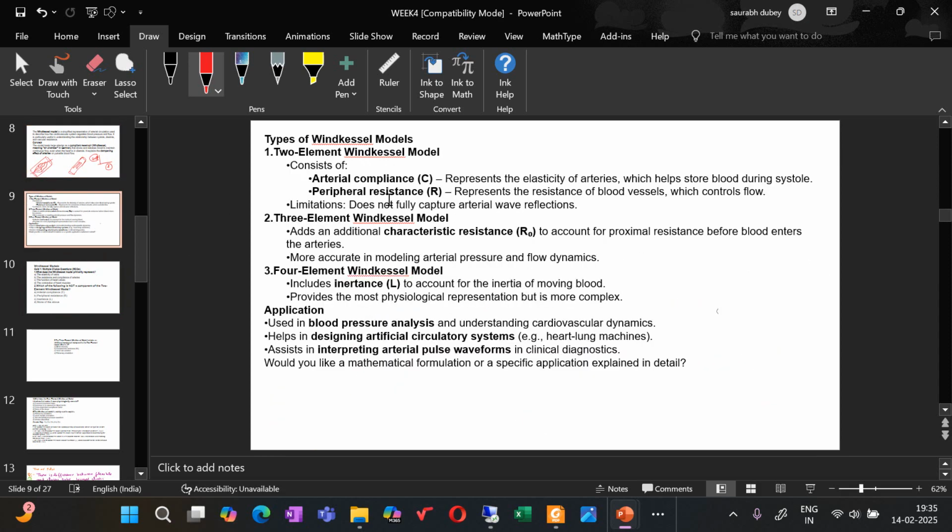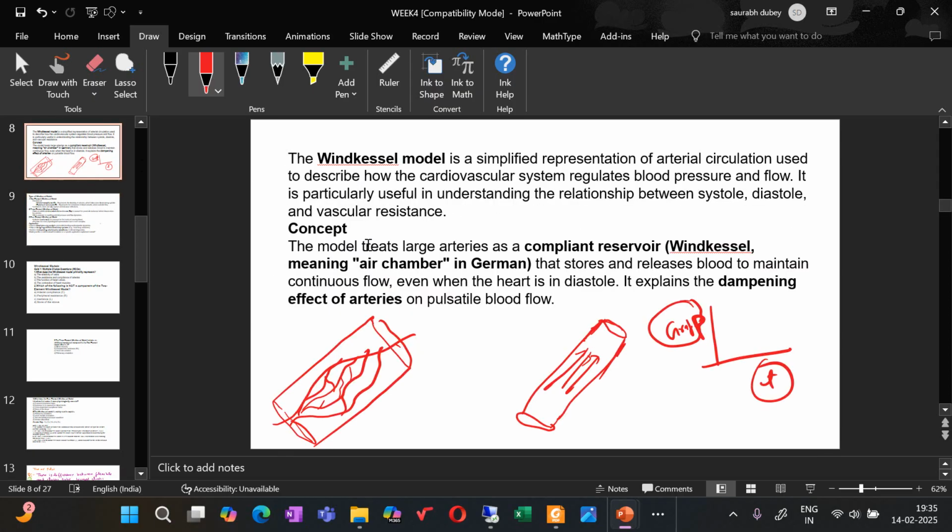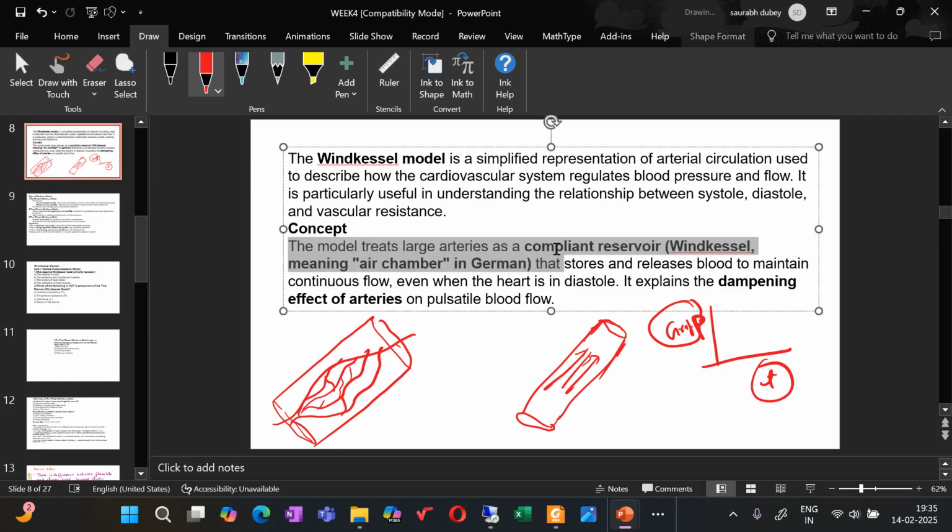The resistance and the compliance of the artery, the same we have just discussed. Here the arterial compliance actually represents the elasticity of the arteries, which helps to store the blood during the diastole or systole. And this is based on the compliance, right? So the model treats large arteries as a compliance reservoir, and the word Windkessel itself means an air chamber that stores and releases blood to maintain continuous flow.